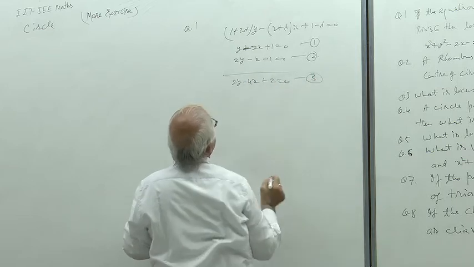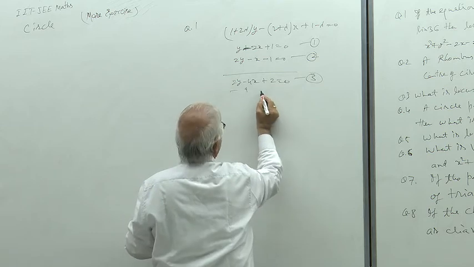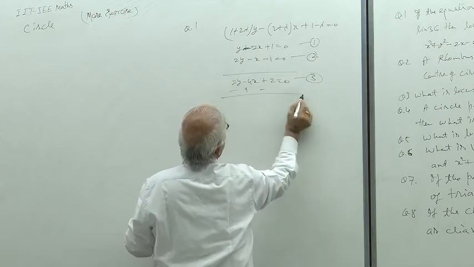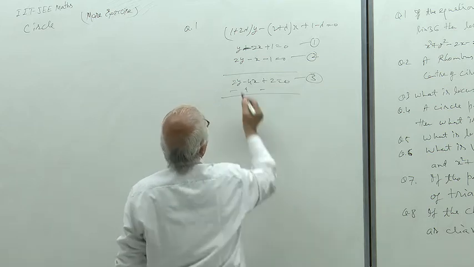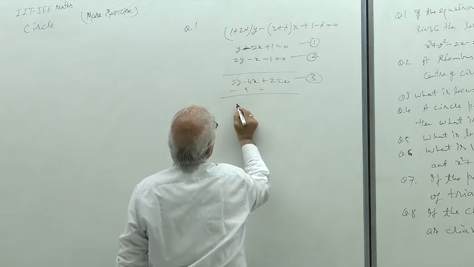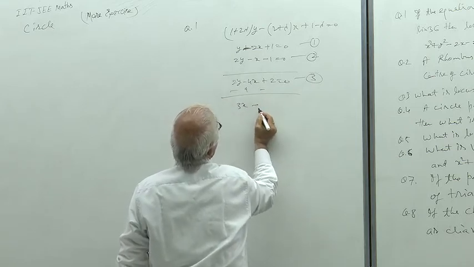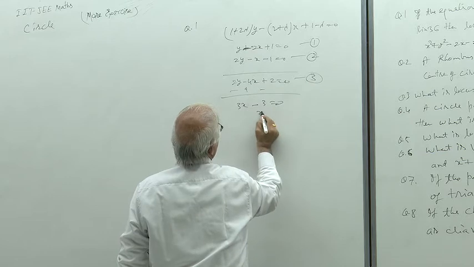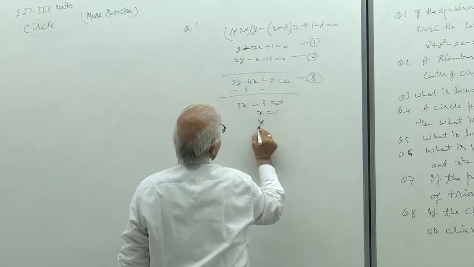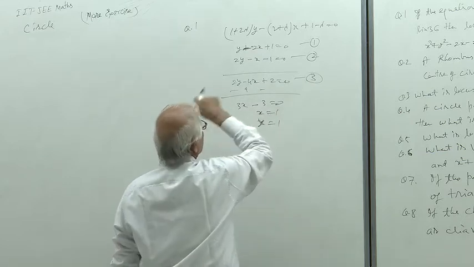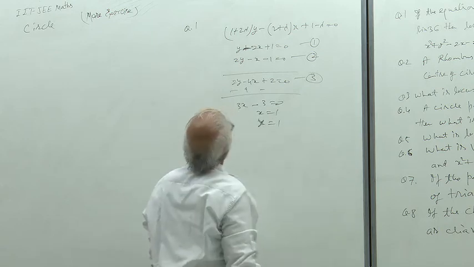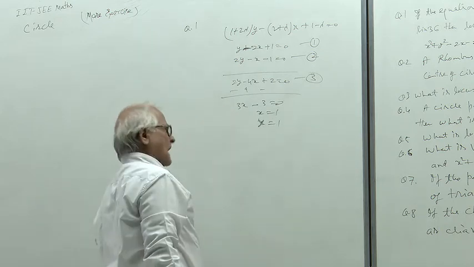Now subtract from the second equation, this cancels out. We get minus 3x plus 3 is equal to 0. x is equal to 1 and y is also 1. We put x is equal to 1 and we get y is equal to 1.